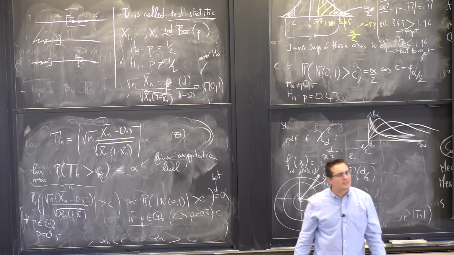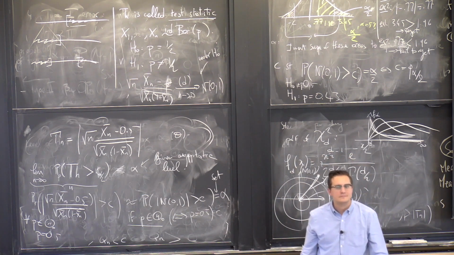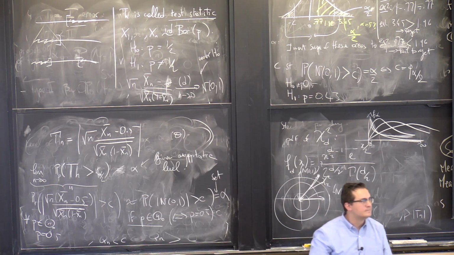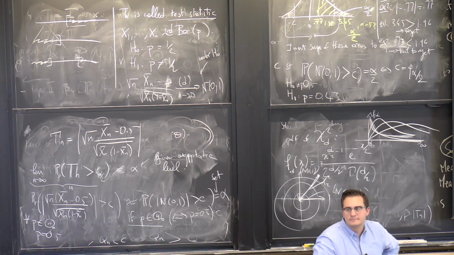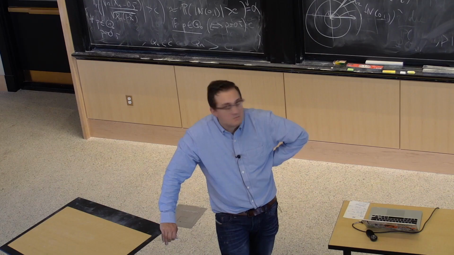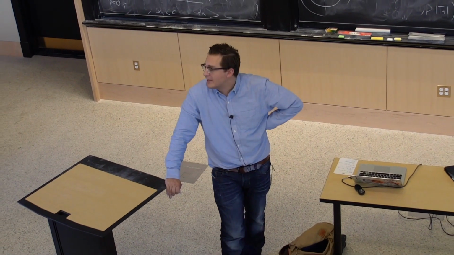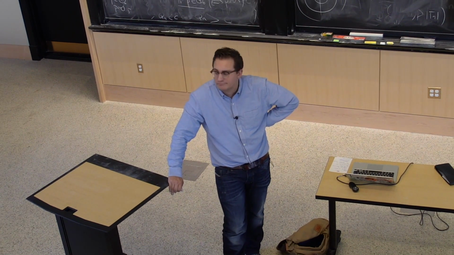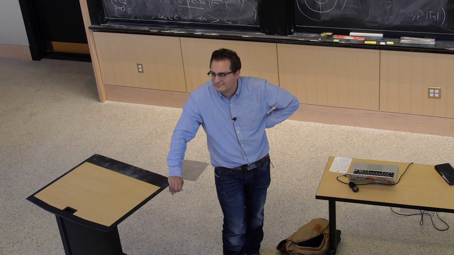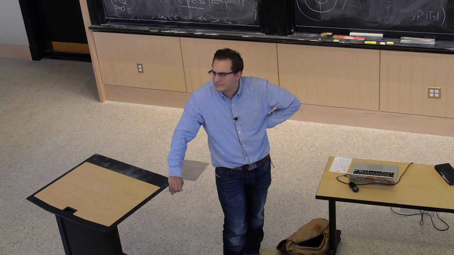What is the expected value of a chi-square? It's the expected value of the sum of Gaussian random variables squared. So it's the sum of their second moments, right? Which is?